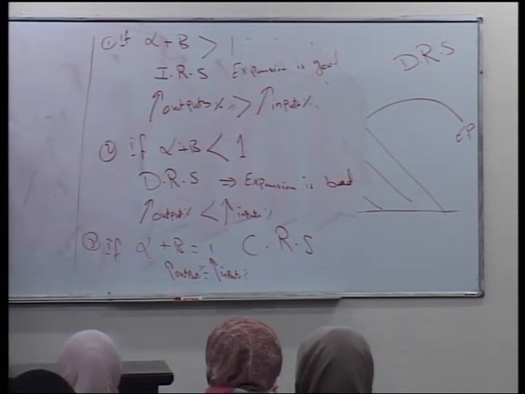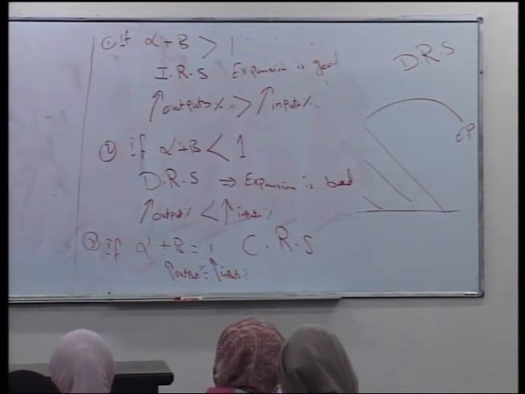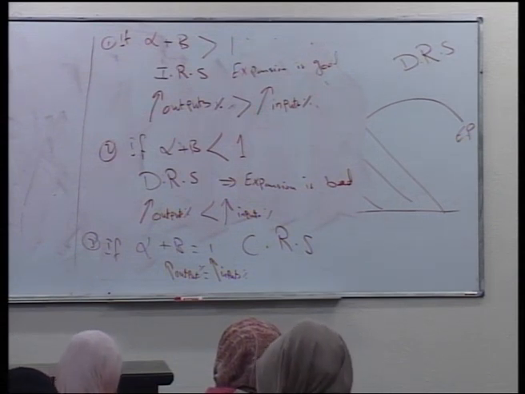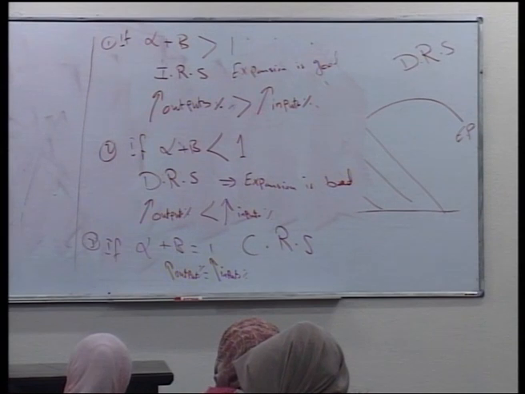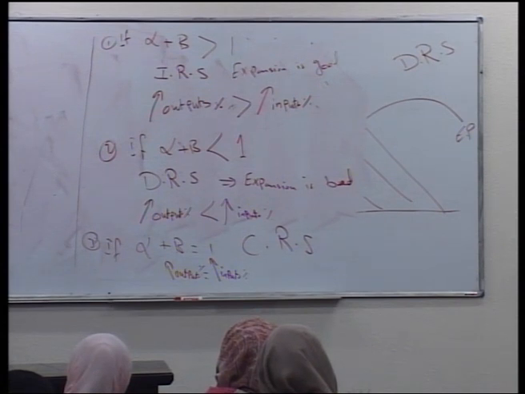Let us assume that the business has 1 worker and 1 machine, 1 worker and 1 capital, 1 machine. And the quantity, the outputs, equals 500 units.